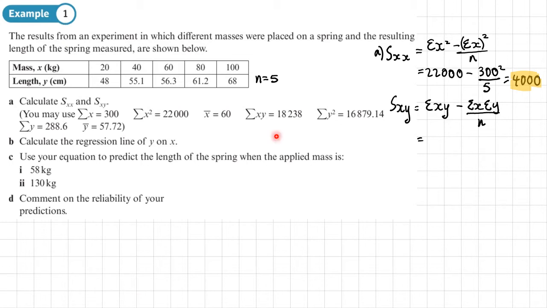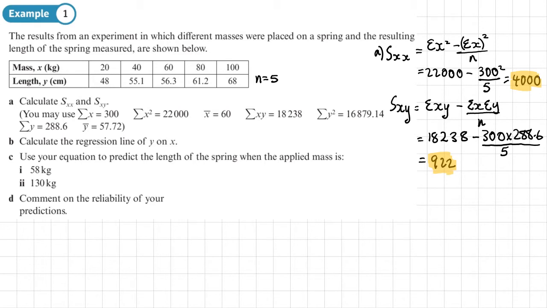So the sum of XY I can see here is 18,238 minus the sum of x, which is 300, times the sum of y, which I can see is 288.6, and I divide that by n, which is 5. So again, using a calculator, and we get exactly 922. So that part of the question is done.